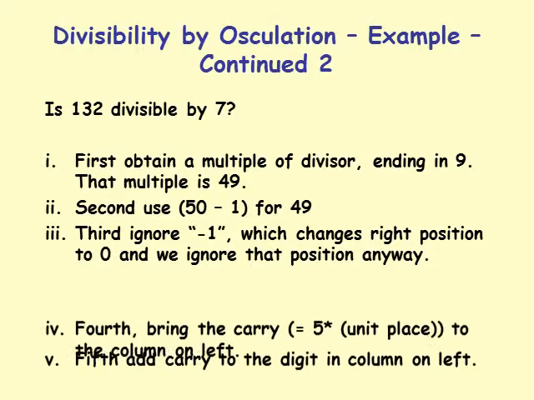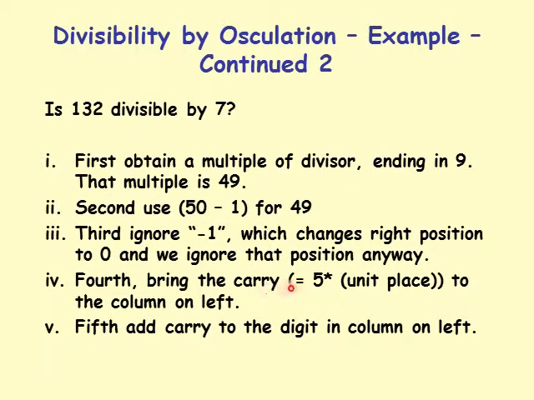Fourth, bring the carry from 50 times the right position, whose carry value is 5 times the unit place, to the column on the left. Fifth, add the carry to the digit in the column on the left.